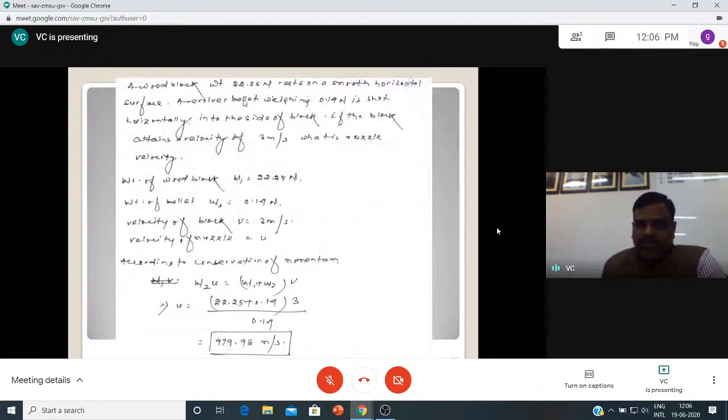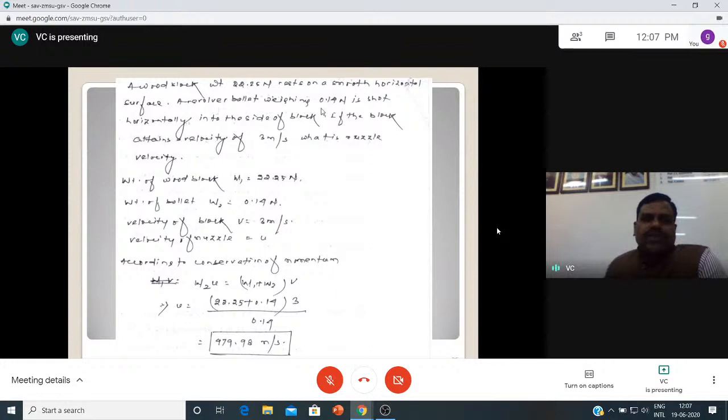Now another problem. A wooden block of weight 22.25 newtons rests on a smooth horizontal surface.